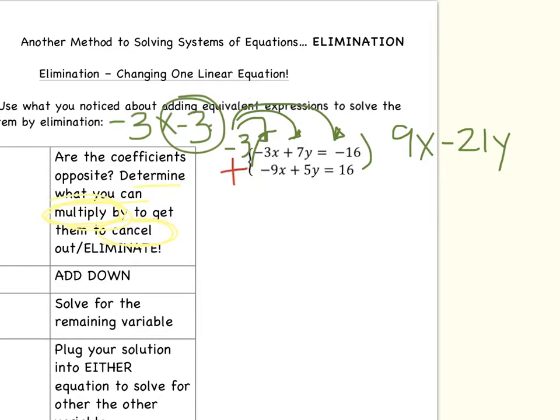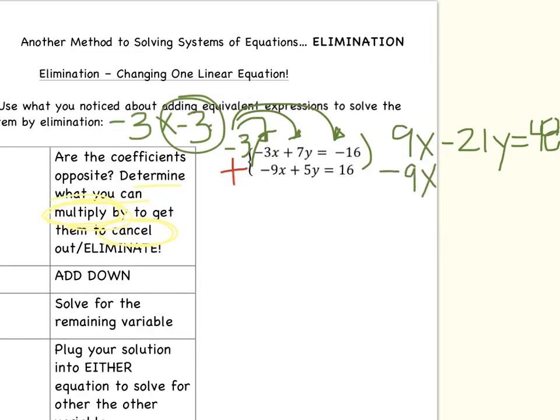And negative 3 times negative 16 gives me a positive 48. So notice how I changed this equation to give us a number that would cancel out or eliminate with this other equation. So I'm going to write the other equation underneath it.